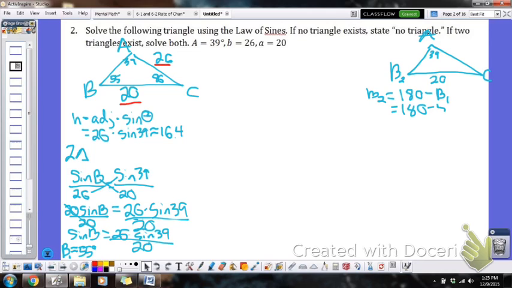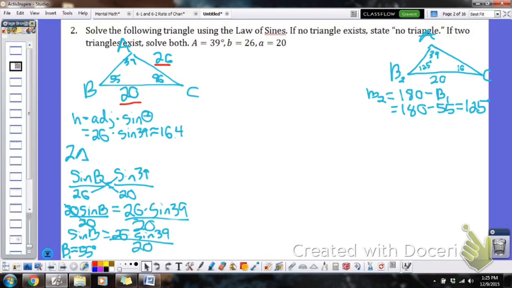So 180 minus 55, which is 125. So B2 is 125. Which will then give us a second angle C. And we'll find that by taking 180 minus 39 minus 125, giving us 16 degrees as the second angle C. Now we just need to solve the rest of this triangle. And we have to do the same thing with the other one.